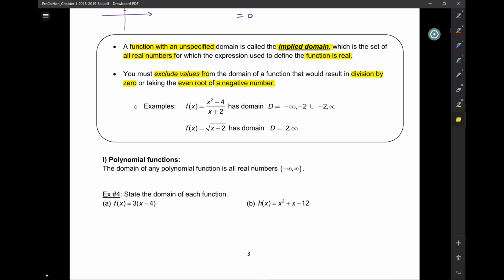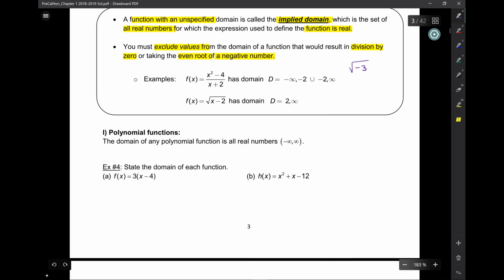And when you take a root of a negative number, it's imaginary, but it's still not real. So these are two examples that have points where the function is not a real number. Here, you're dividing by a value that's potentially 0.